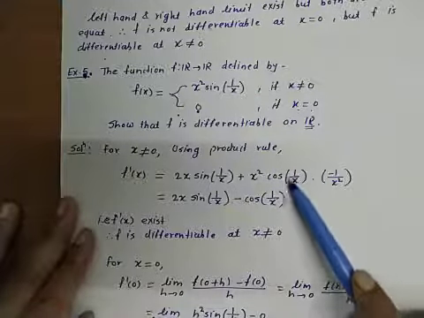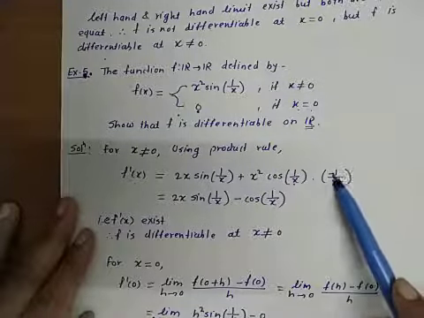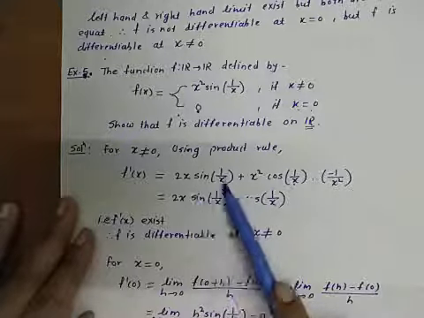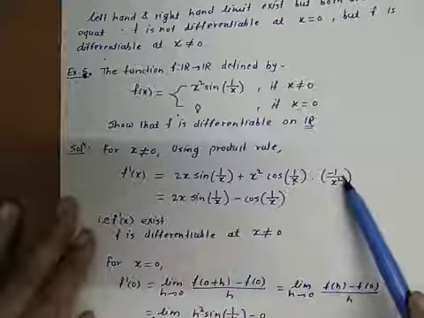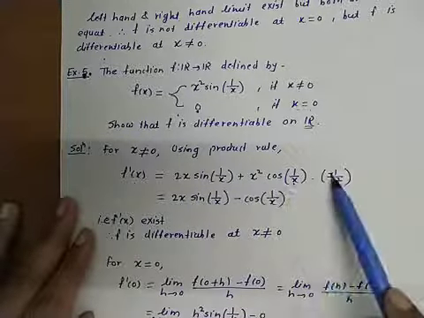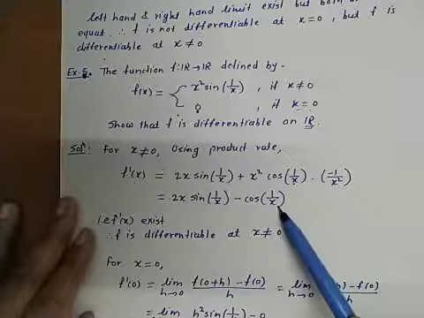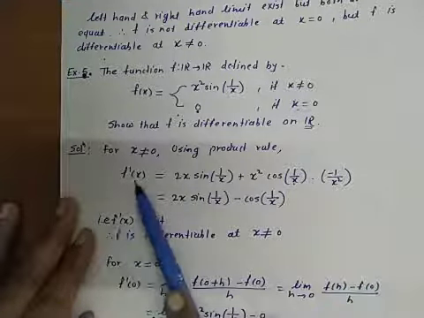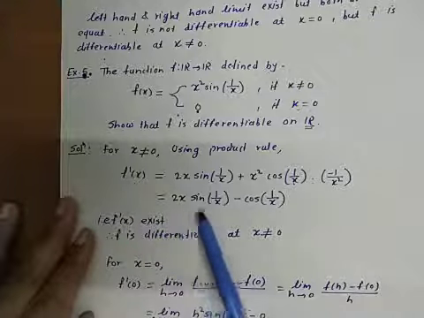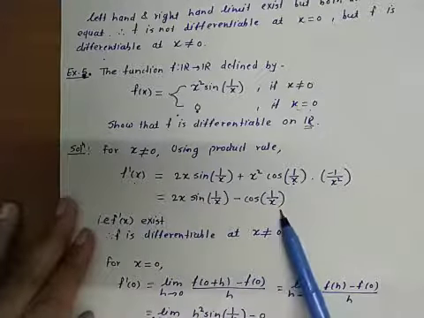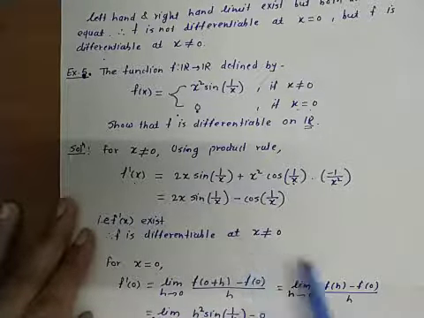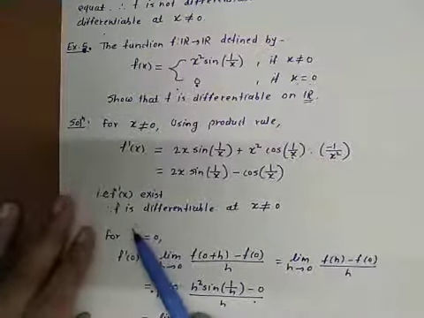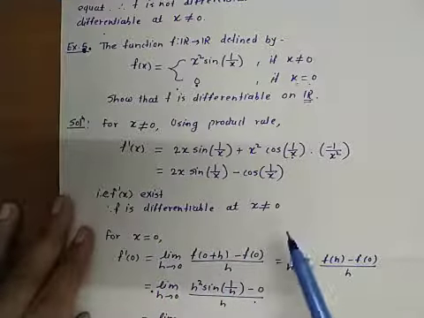Again, derivative of 1 upon x is minus 1 upon x square. Here 2x sine 1 upon x as it is. Here x square will get cancelled, leaving minus cos 1 upon x. So f dash of x exists. This is the value of f dash of x when x is non-zero. Therefore f is differentiable at non-zero x.